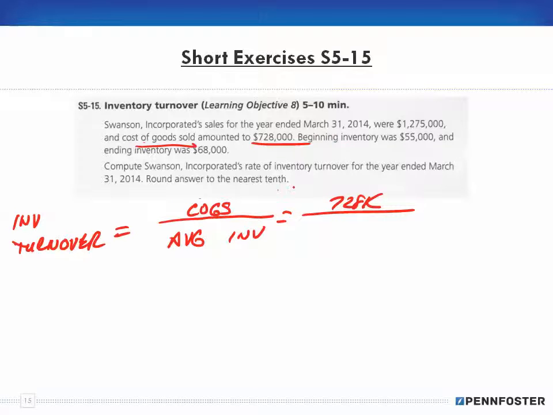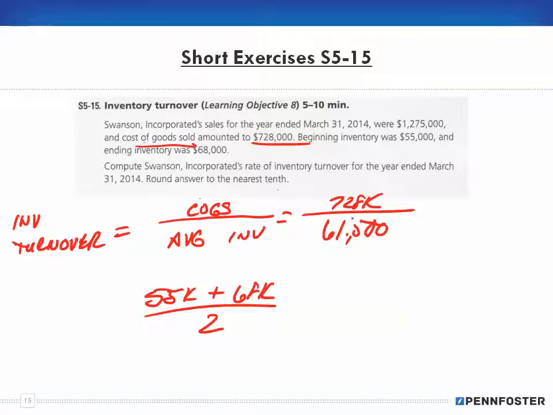So that goes in the numerator. But our average inventory, remember, it's beginning inventory, which in this case is 55,000, plus ending inventory of 68,000, and that's divided by 2. Dividing by 2 gives us the average of the two. And 55 plus 68 divided by 2 gives us an average inventory of 61,500.